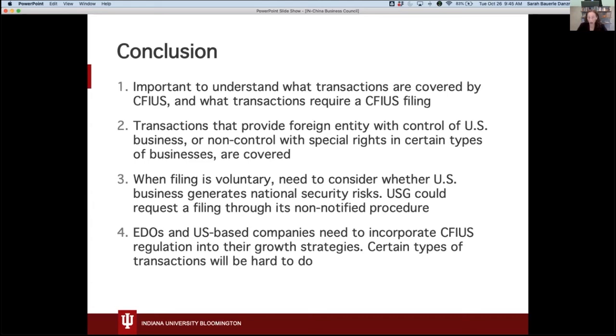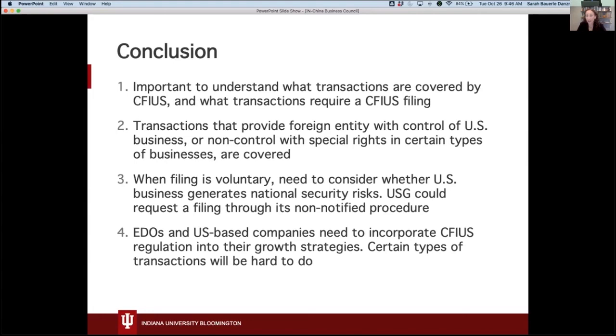So I wish that I had a clear answer of like, this counts as national security and this doesn't. But I think that from a firm perspective, it's easier to assess, do you think that your business, the target business, has a component of it that is of concern, that might be considered a vulnerability to the US?